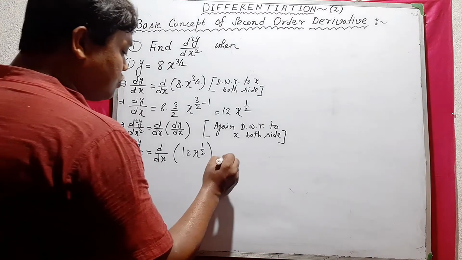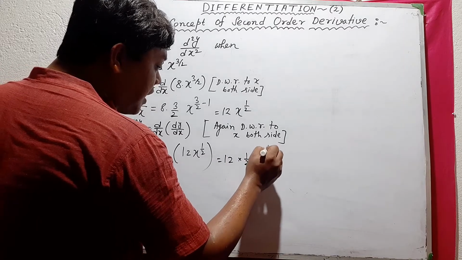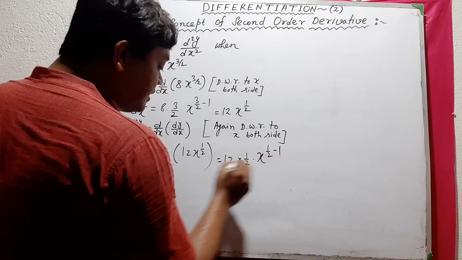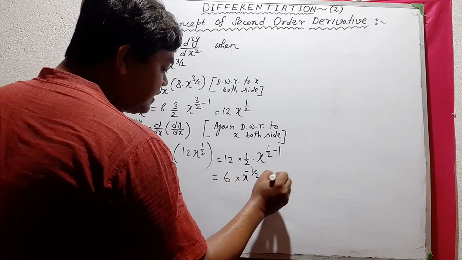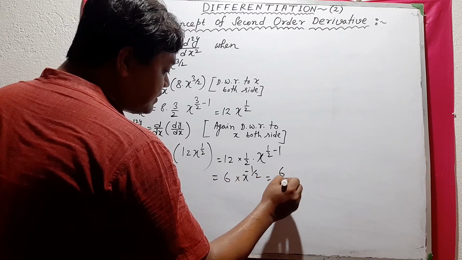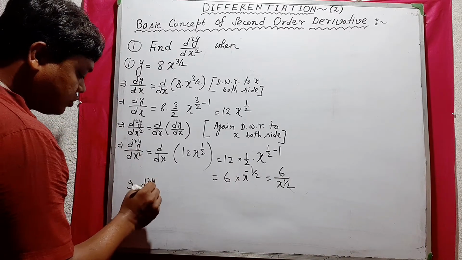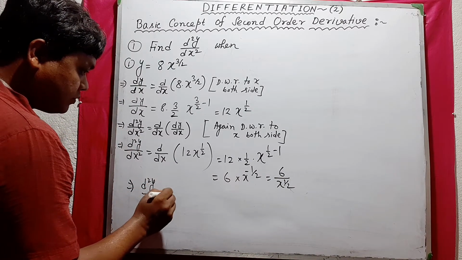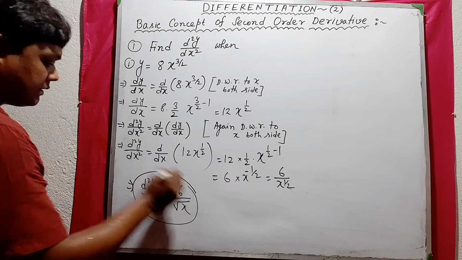So 12 into half into x to the power half minus 1, that is 6x to the power minus half, that is 6 by x to the power half. So d2y/dx2 equals 6 by square root of x.